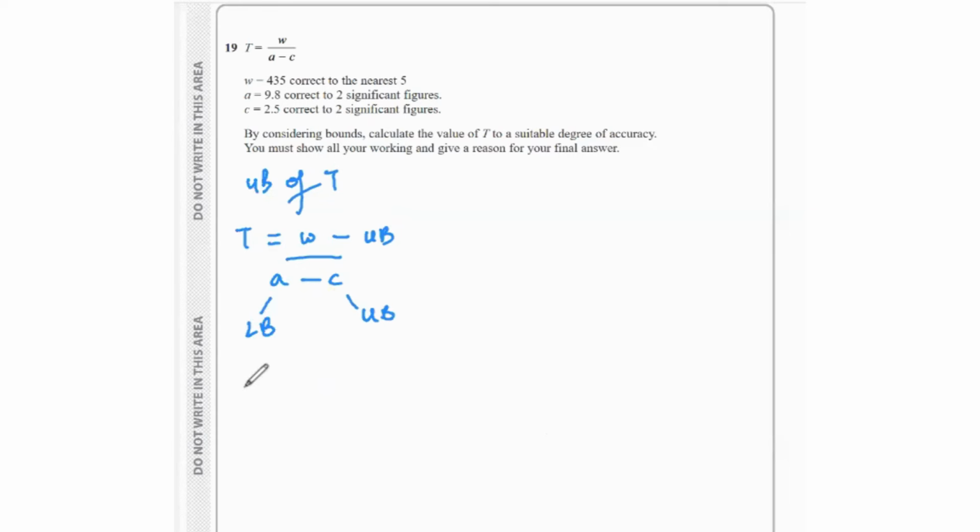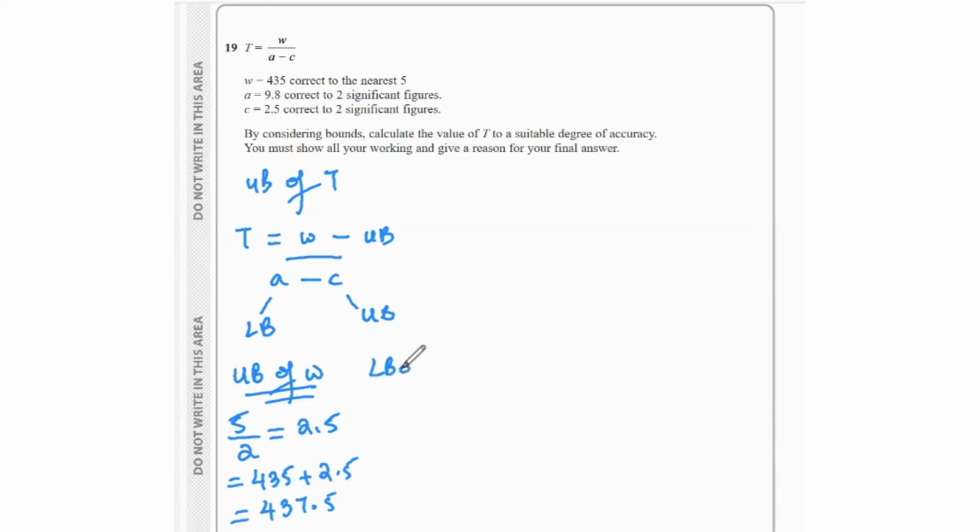So what we will do over here is that we will find the upper bound of W first. W is 435 correct to the nearest 5. So divide the degree of accuracy by 2, which is 2.5. And then we add that to 435. It's going to give us 437.5.